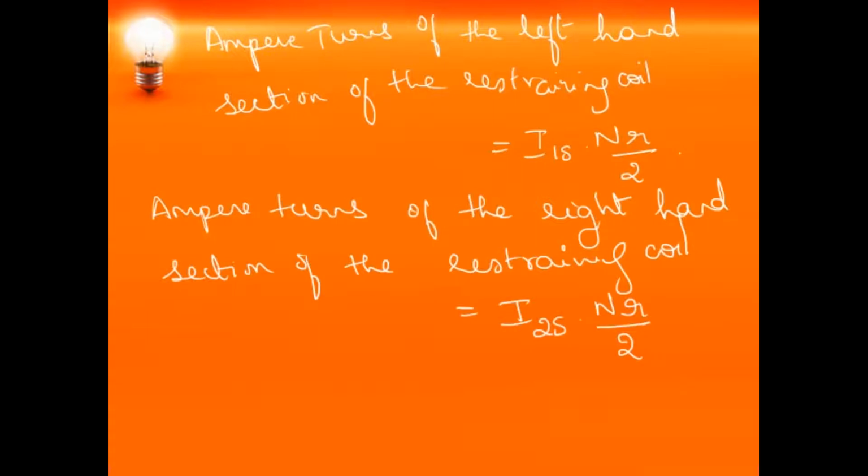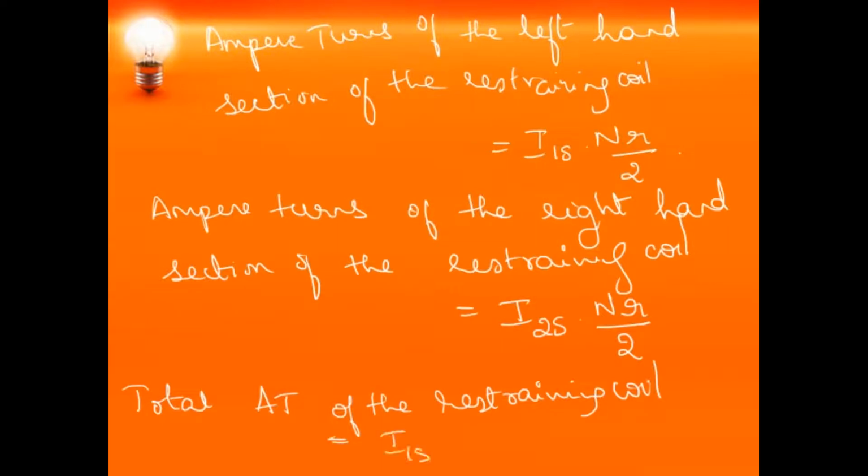So what is the total ampere turns of the restraining coil? It is I1S plus I2S into NR by 2. We can even write it as NR into I1S plus I2S by 2.